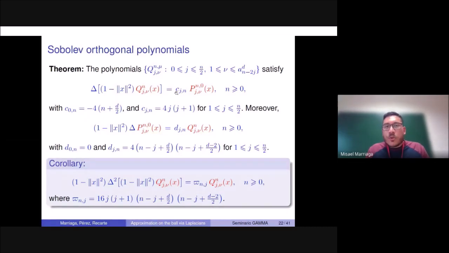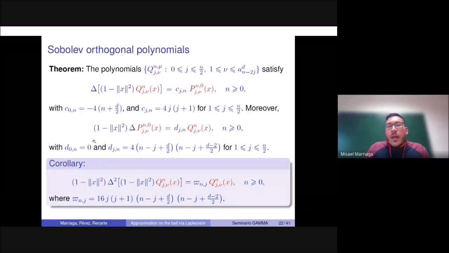And the way to prove this is just by changing to spherical polar coordinates, and using the properties of the Jacobi polynomials that I have mentioned at the beginning. And then it's just a matter of simplifying whatever you get, and little by little, you will obtain the expression for the classical polynomials on the ball.